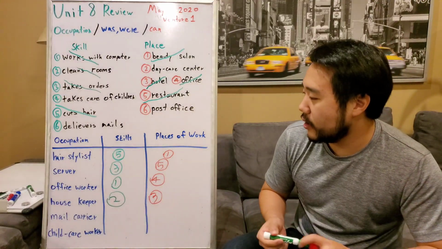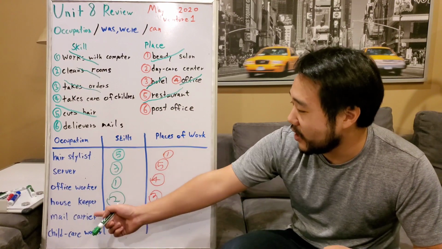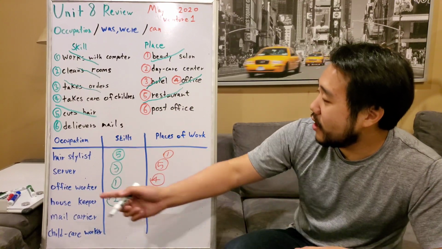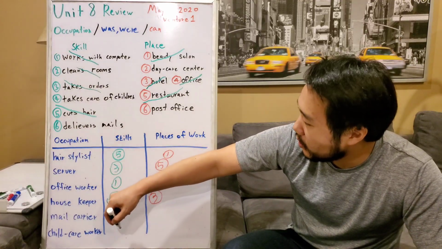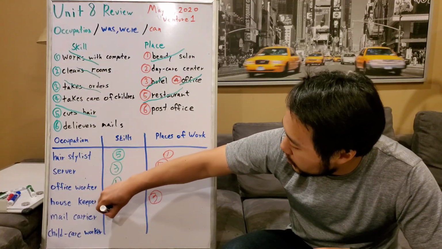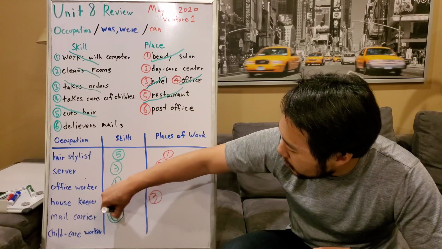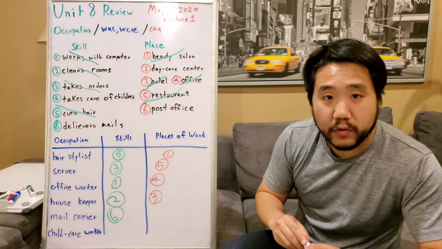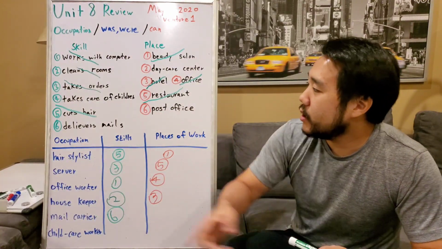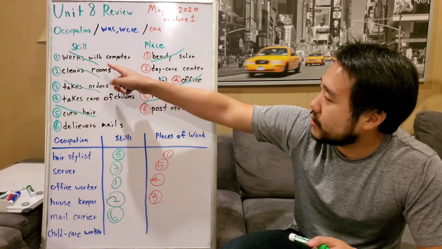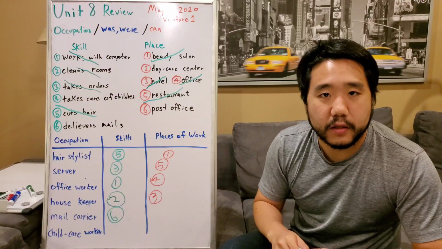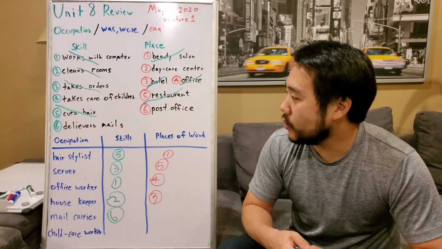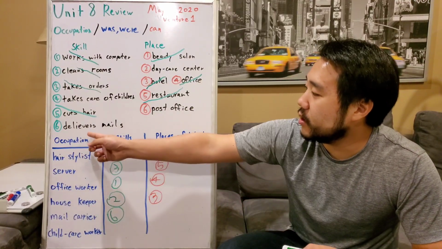Mail carrier. There's a big hint. Mail carrier. So what do they do? They deliver mails. So it delivers mails. Number 6. If you're kind of confused with my pronunciation here, these skills are for a single person. So one person. He delivers mails.